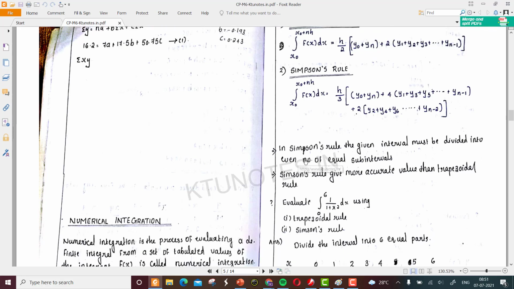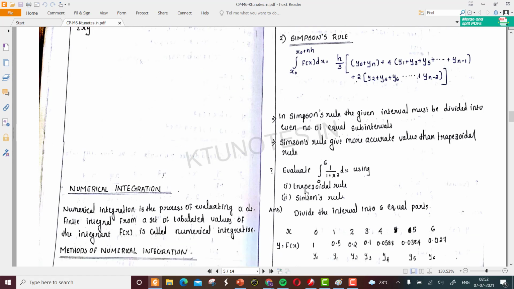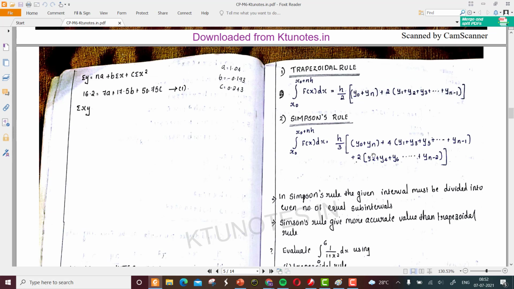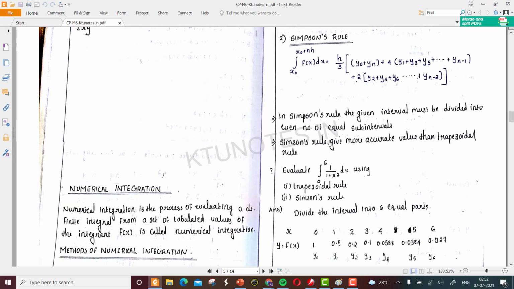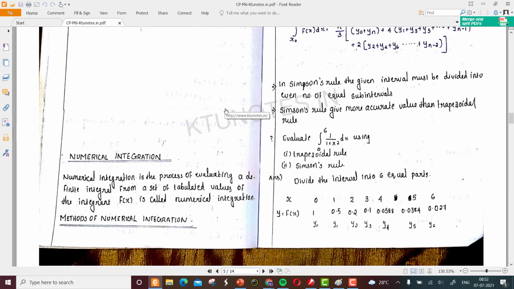For Simpson's rule, the given interval must be divided into an even number of subintervals. Simpson's rule is more accurate compared to the trapezoidal rule. So it's just a comparison between two methods. We'll see a problem to make it clear.